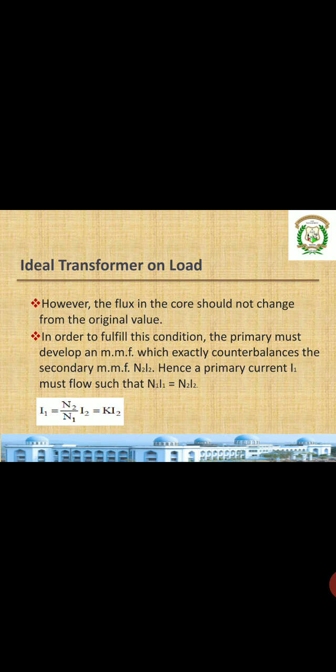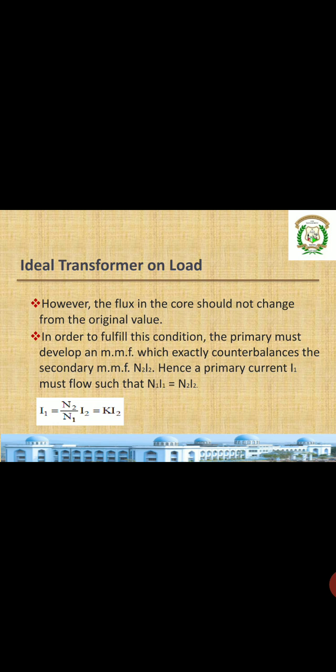So what happens here? To counter the MMF generated by the secondary current due to the secondary turns, the primary will draw some more current from the source, such that it develops an MMF that exactly counterbalances the secondary MMF generated by I2, that is N2 I2.